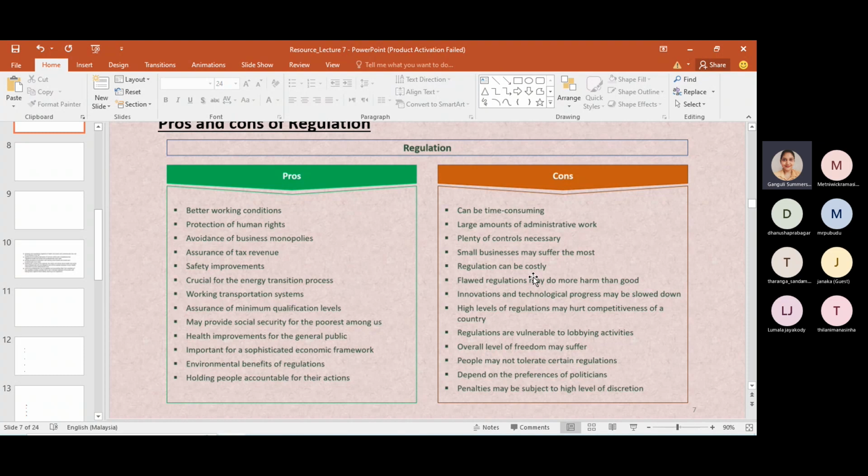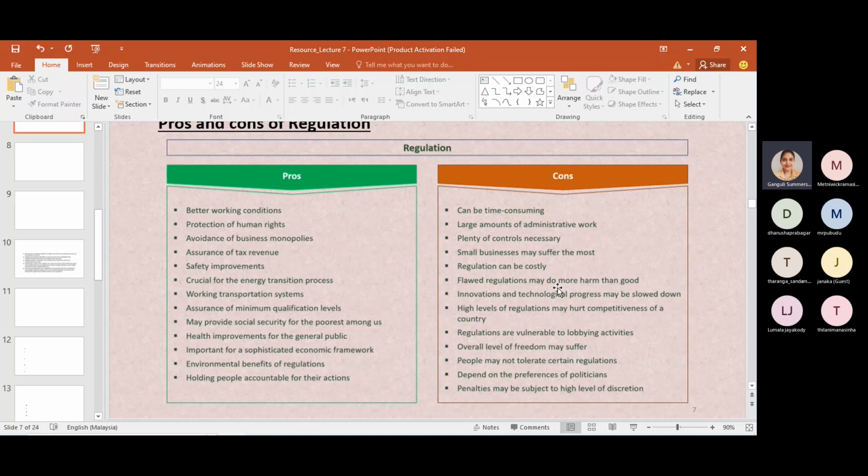Okay, and regulation can be costly. Sometimes it costs you a lot of money. And if the regulation is not done properly, if the regulation is flawed, regulations may do more harm than good.